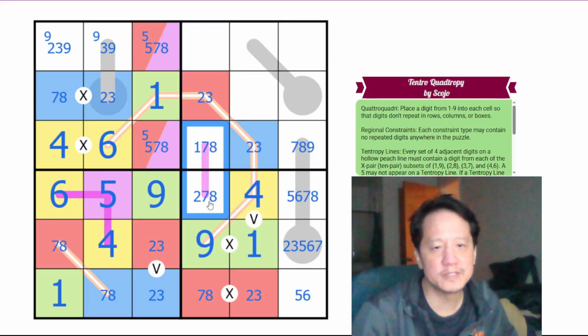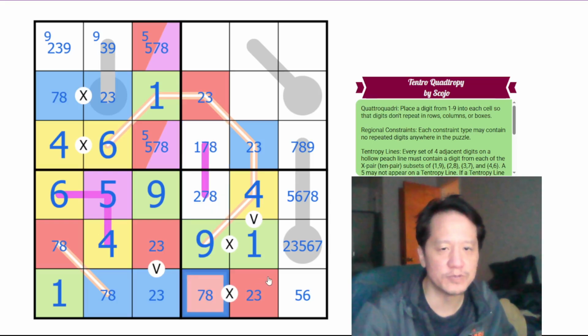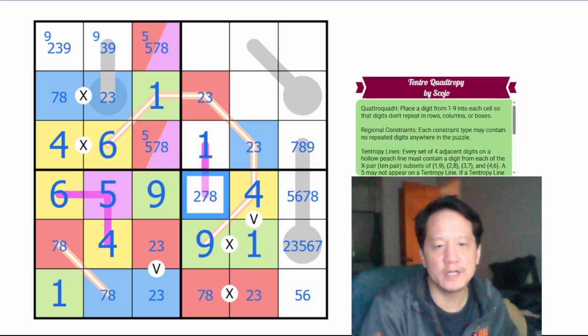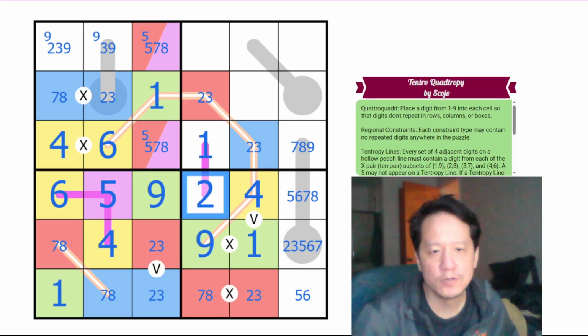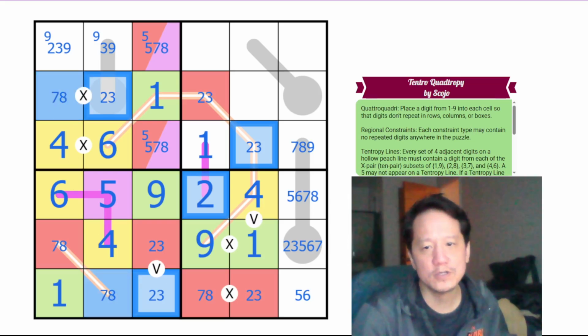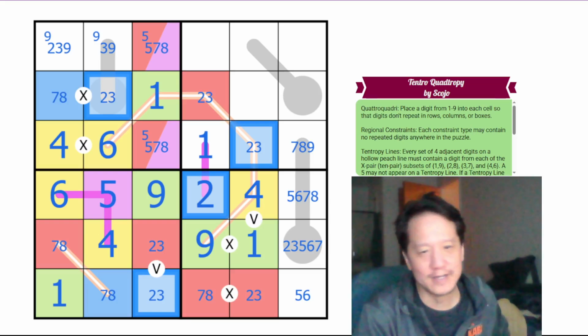This cannot be 7, 8 as a pair, because if this is 7, 8, that would eliminate all possibilities for that cell. So this must be 1 and 2. So we have 1, and this is 2, which means it's the blue 2. So all the low blues, it's a low blue, sorry, are 2s.